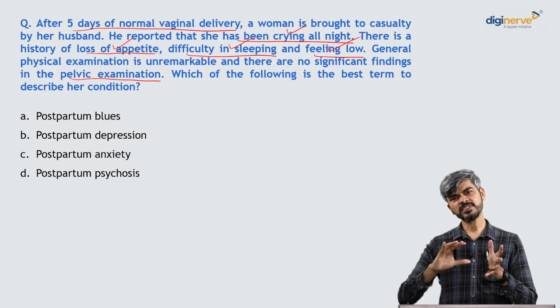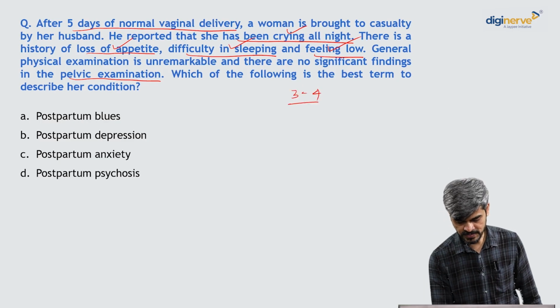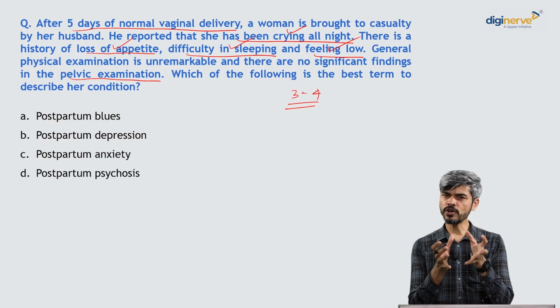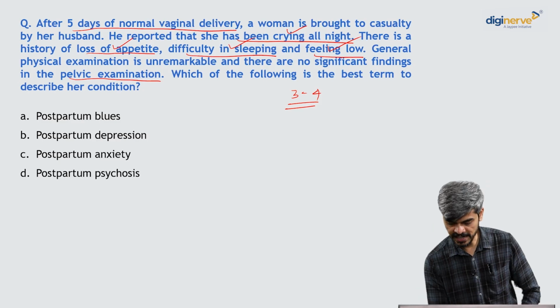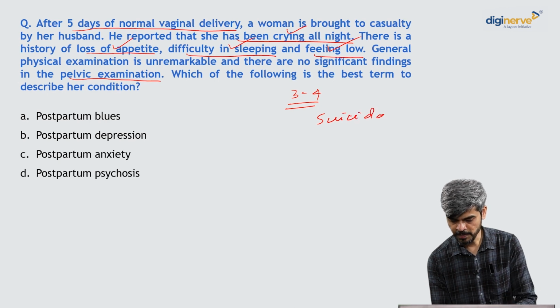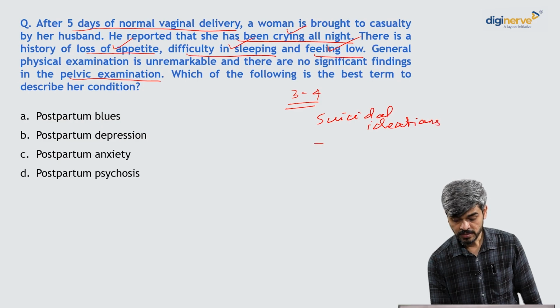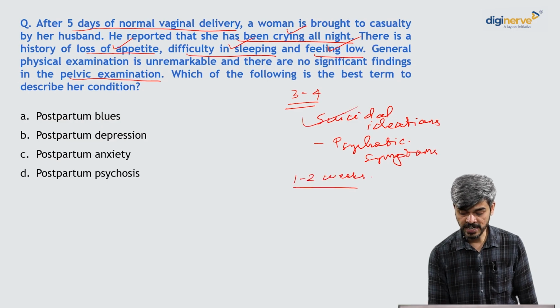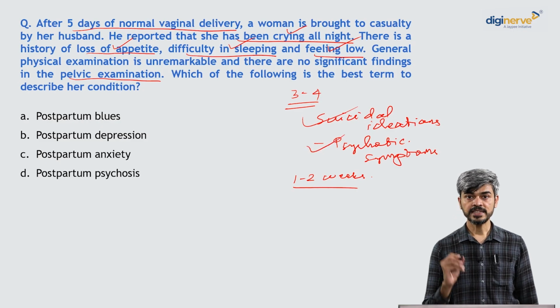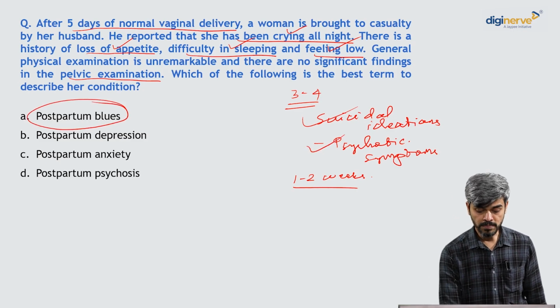So if there are 3 or 4 depressive symptoms in a woman who comes in the first 1 or 2 weeks after delivery, and she does not have suicidal ideation and no psychotic symptoms, then the diagnosis would be postpartum blues.